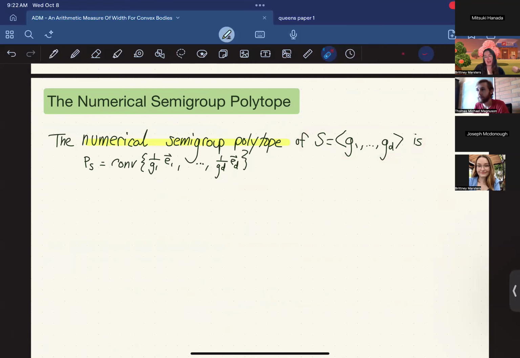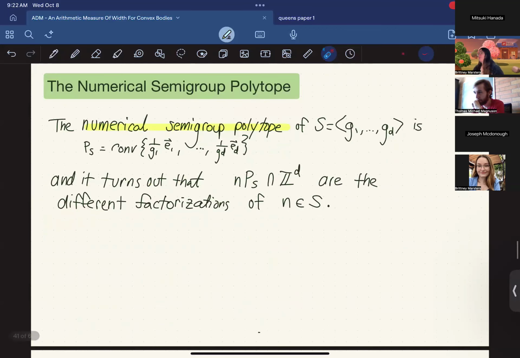You form it as follows. You take the convex hull of 1 over the first generator times the first basis vector, 1 over the second generator times the second basis vector, all the way to 1 over your last generator times your last basis vector. And the nice thing about this object is it is going to encode those factorizations.